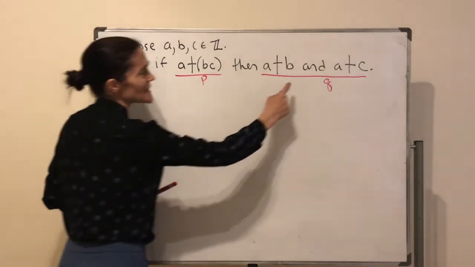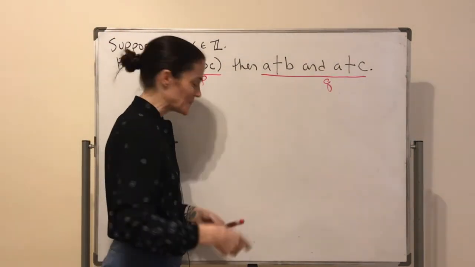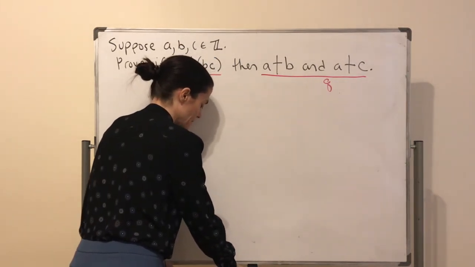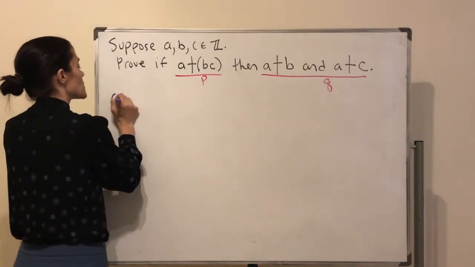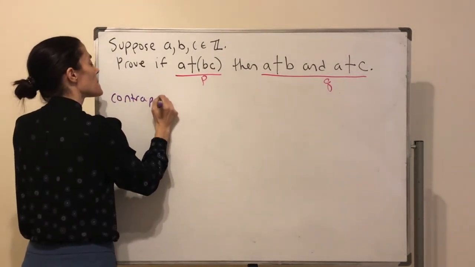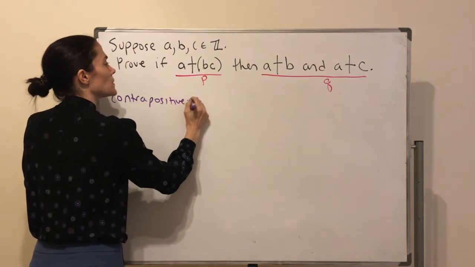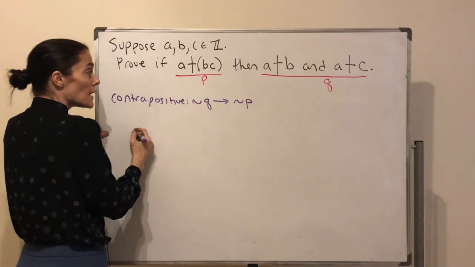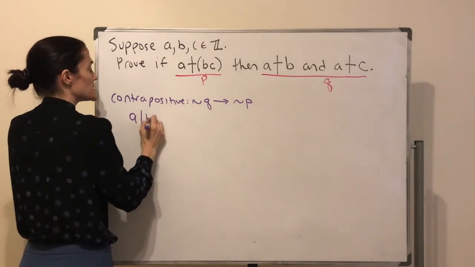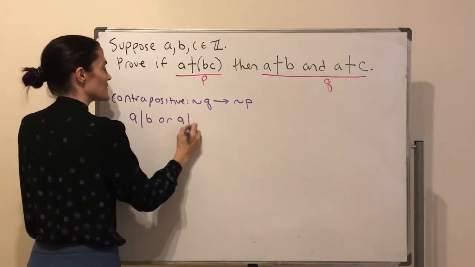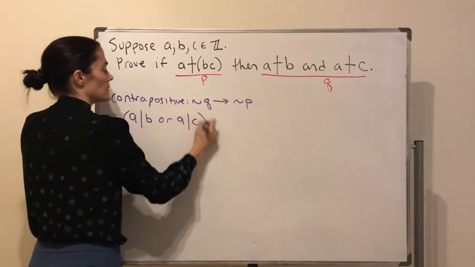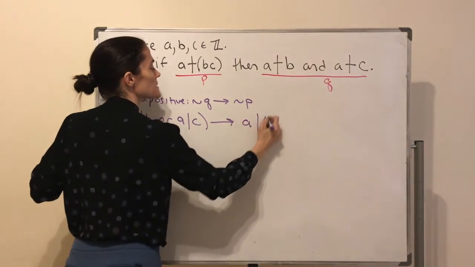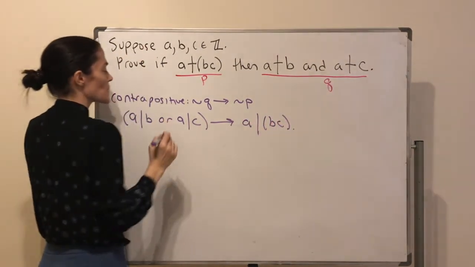So this one, because I have an and in my Q, I will state the contrapositive before I get started, maybe in purple. So the contrapositive here, which is not Q implies not P, would say A divides B or A divides C. And this would imply here, A divides B times C. This is what I will show.